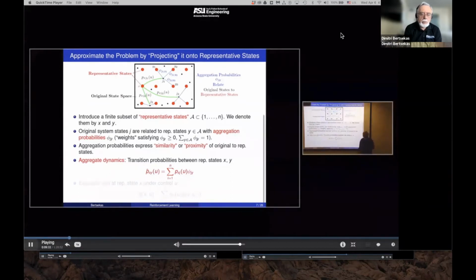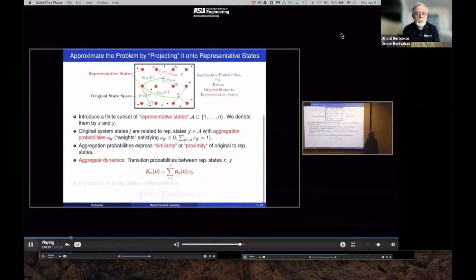Original system states are going to be I's and J's. So from X to Y, what is the transition probability given these phis? Well, it's this one. It's the probability of going here, multiplied with the probability of going to this one here. And we have to add, of course, over all possible successors of this representative state.